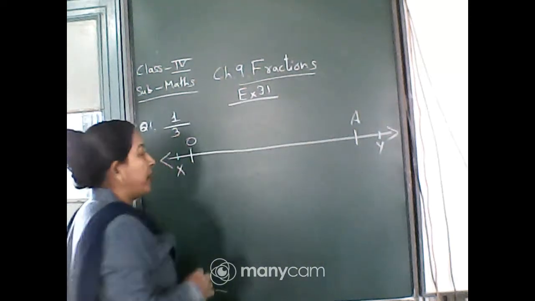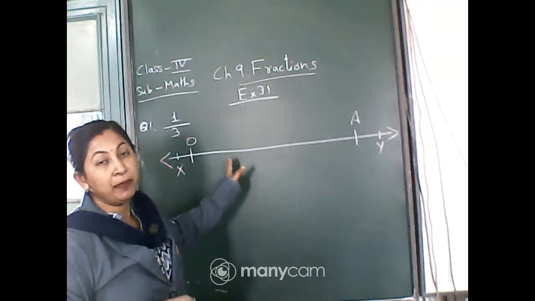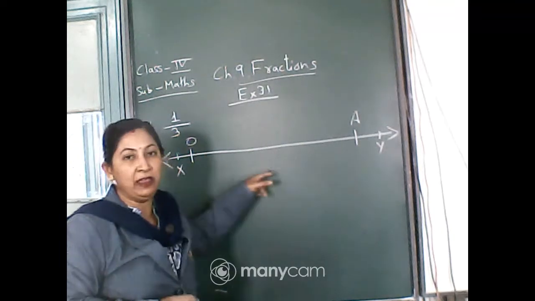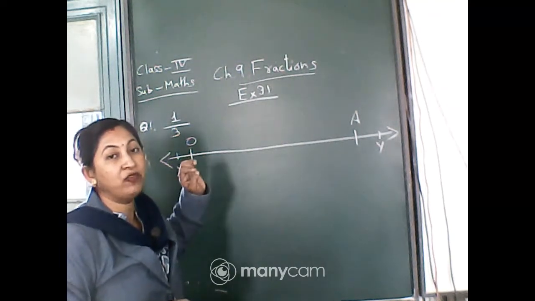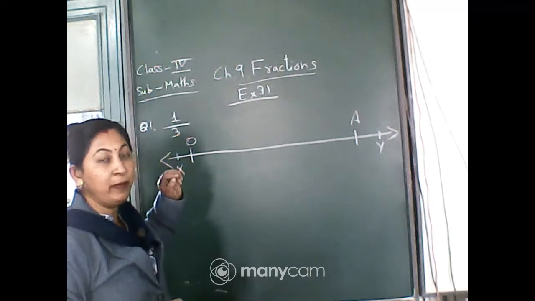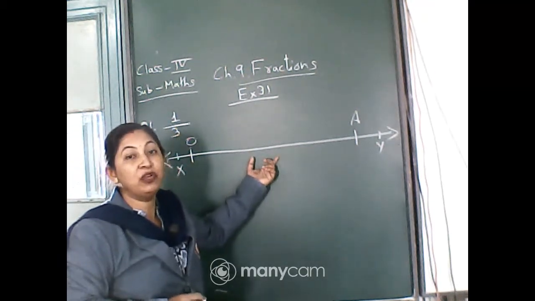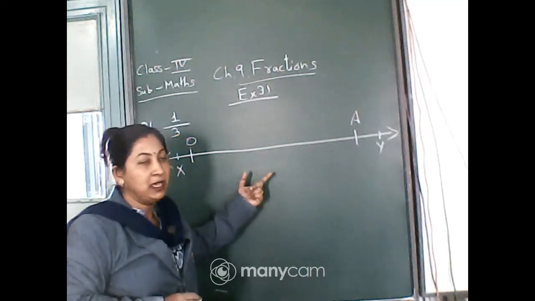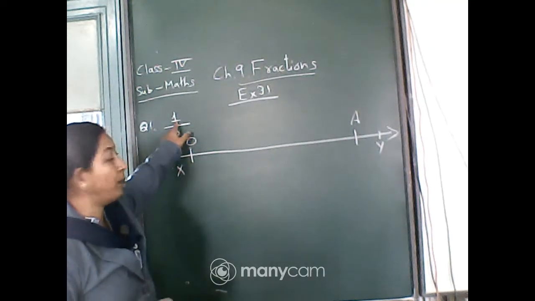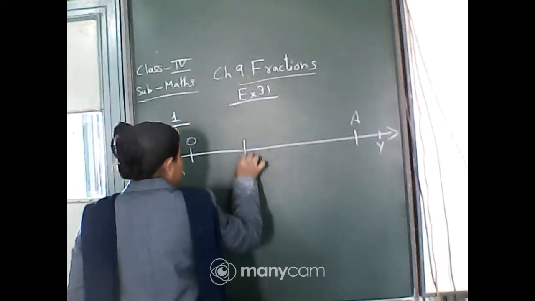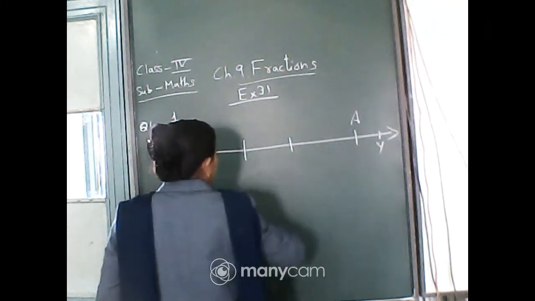Now in this part OA you have to represent the fraction 1 by 3. How will you do it? See, 1 by 3 means this OA you have to divide into 3 parts, and from those 3 parts, 1 part you have to take. So let me divide: 1, 2 and 3.